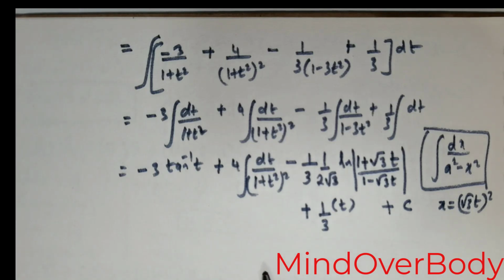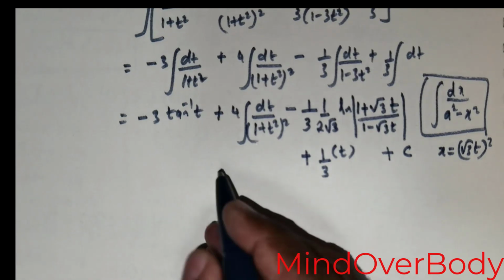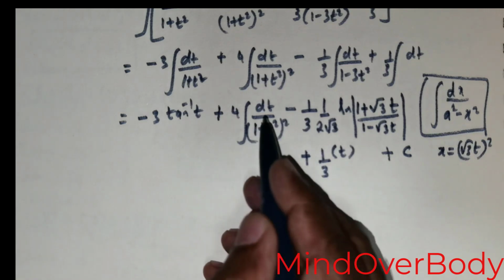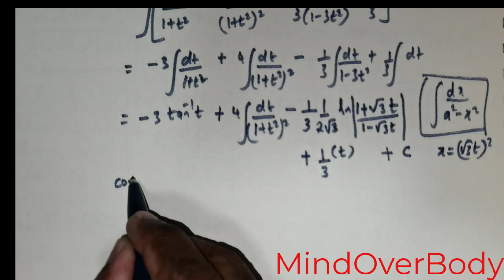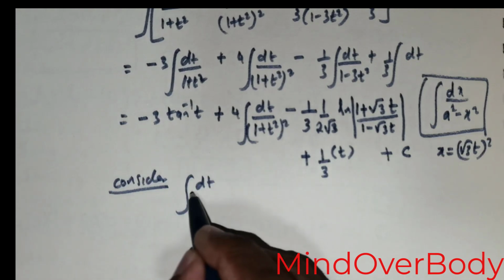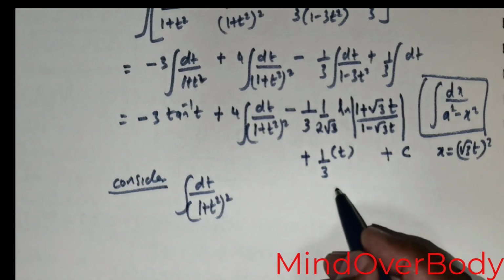But we have a few challenges. The challenge here now is I have to make the substitution for t. Now before I could make the substitution for t, I want to resolve this. So what I'm going to do is I'm going to consider integral dt divided by 1 plus t squared raised to the power 2.